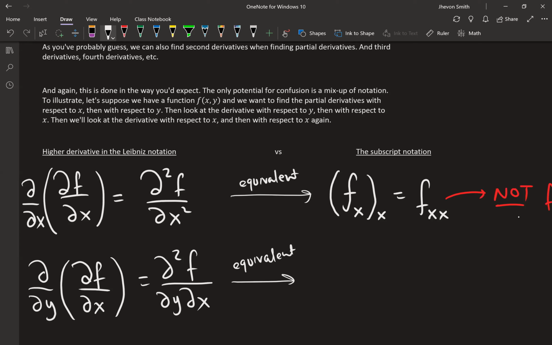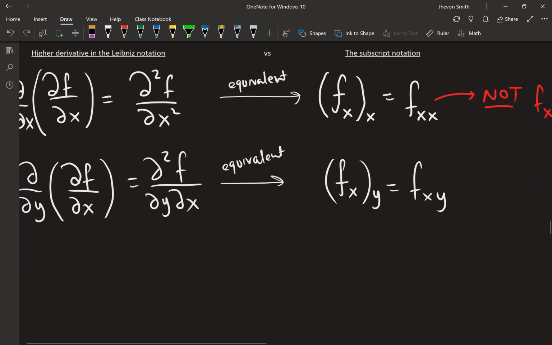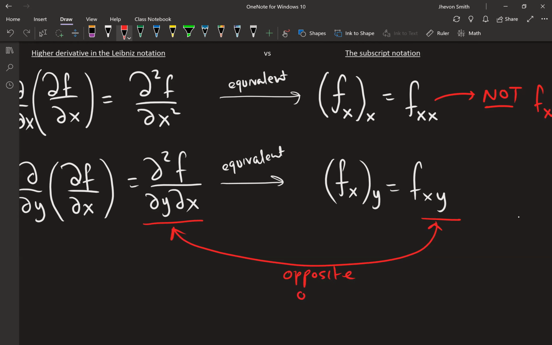Well, you would notice that this would be fxy. Now, here's what I do want you to pay attention to. Notice that the order actually changed. So that's going to be very important.